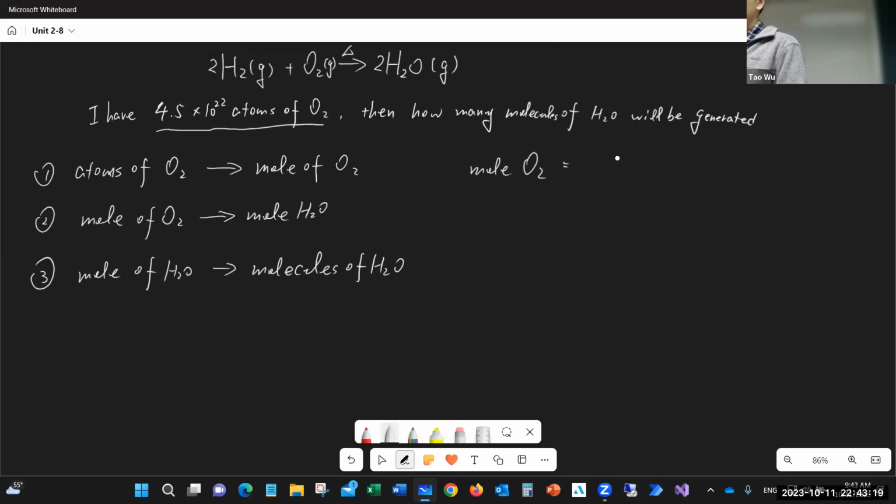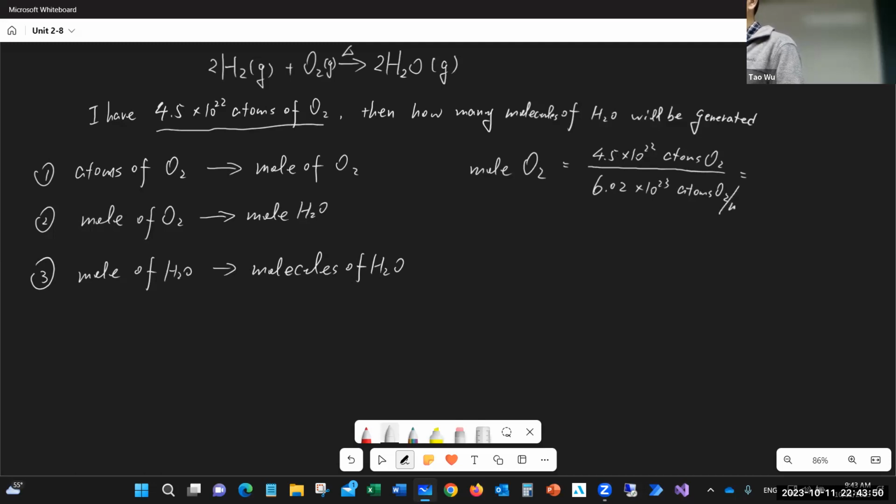First of all, you're going to figure out the moles of oxygen. The moles of oxygen is just using the atom number of the oxygen, 4.5 times 10 to the 22 atoms of oxygen, divided by 1 mole of oxygen, which has 6.02 times 10 to the 23rd atoms of oxygen. Then you will figure out how many moles of that.